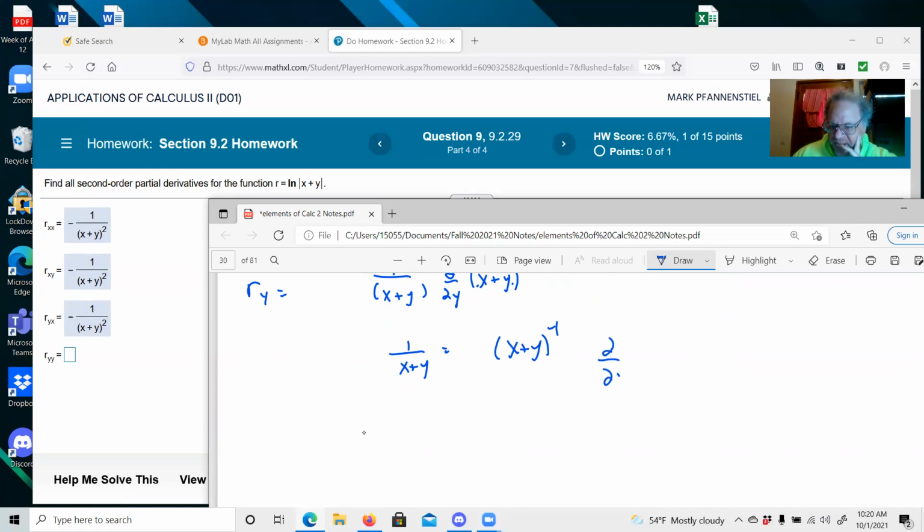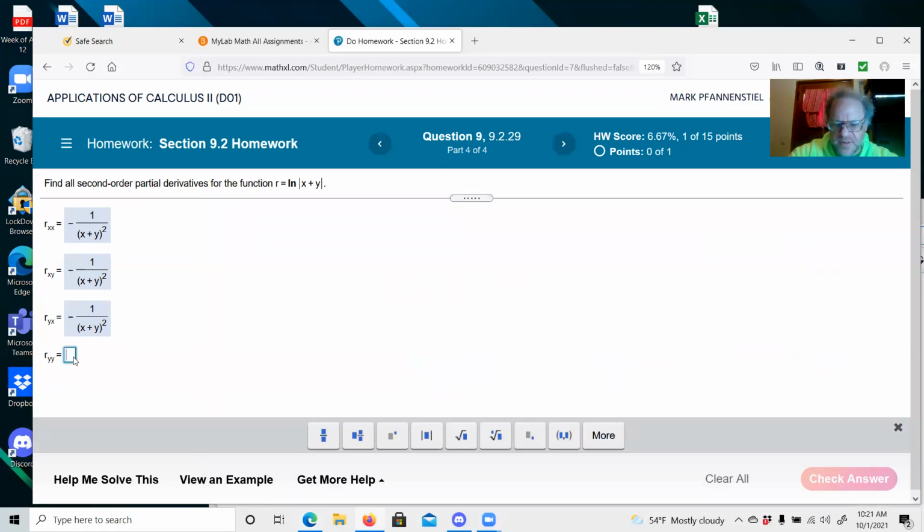I want to take this derivative again with respect to y. We end up with chain rule, so negative 1 comes down in front, x plus y to the negative 2. And then we have to deal with our chain: x is constant, the derivative of y is 1. So negative 1 over x plus y squared.